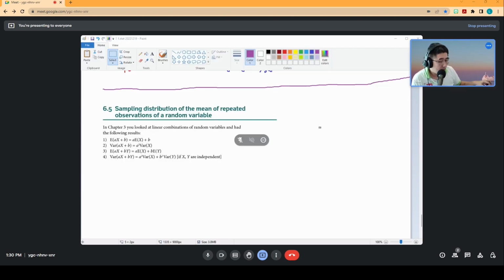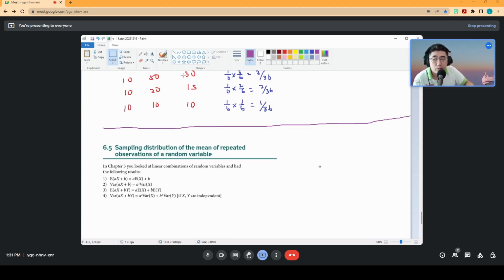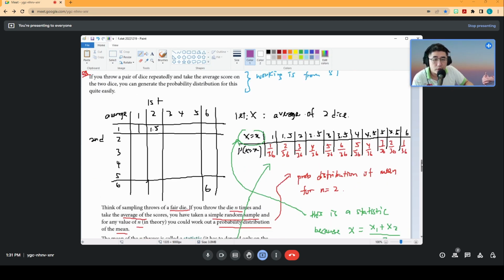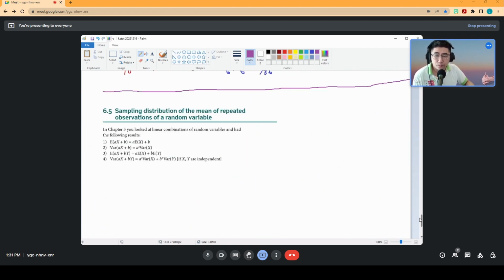Okay, by using the knowledge that we learned from chapter 2, we can do some shortcut without doing all the table over here.